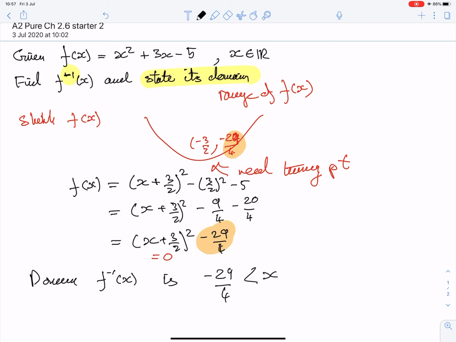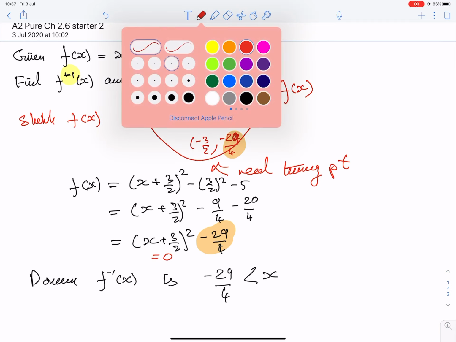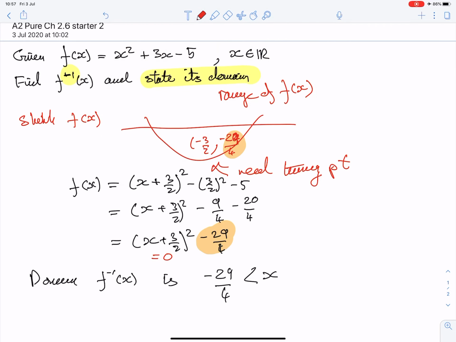Because they were the outputs from the inverse, from the original function. Yeah, so if we chuck some axes on here quickly, this is negative 29 over 4, and we want this bit up here. Yeah, they're the outputs from the original function.